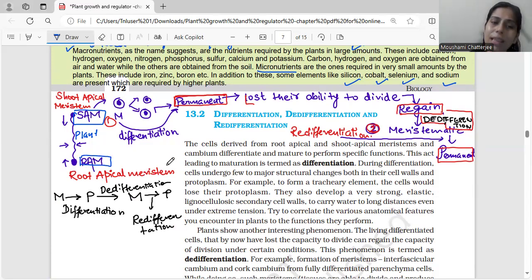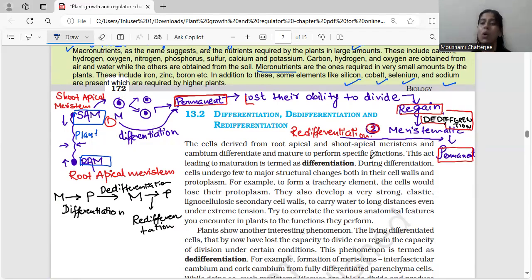All right. Now, when the plant grows, we see that during the growth phase, meristematic tissue plays an important role. Okay. So when the cell divides, the cells derived from root apical and shoot apical meristem and cambium differentiate and mature to perform specific function.